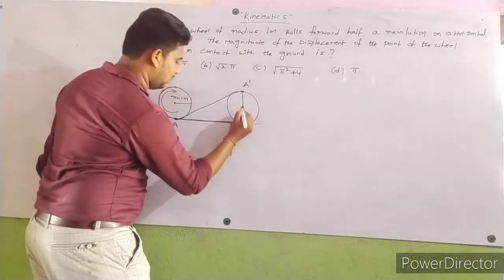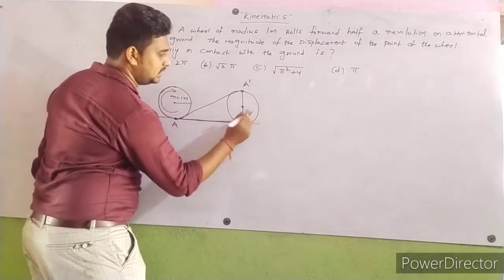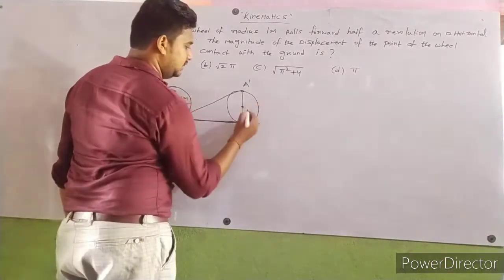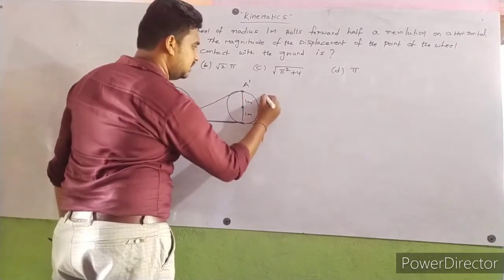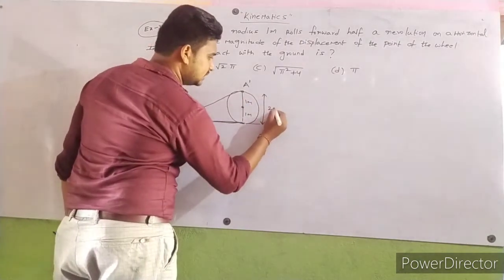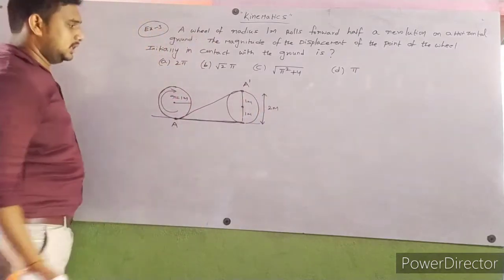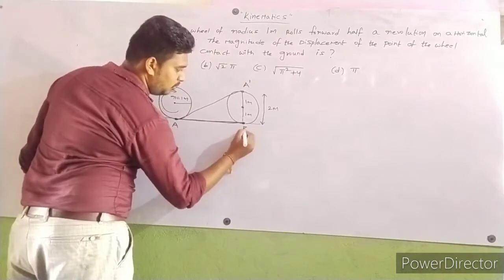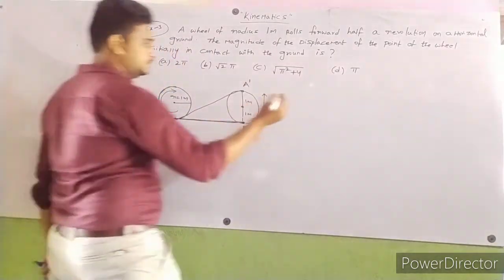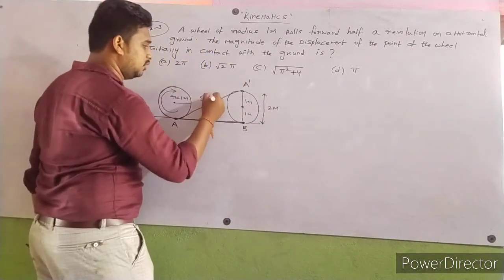This is radius 1 meter, and this is also 1 meter radius. So definitely this distance is 2 meters. And this I consider as some point B.